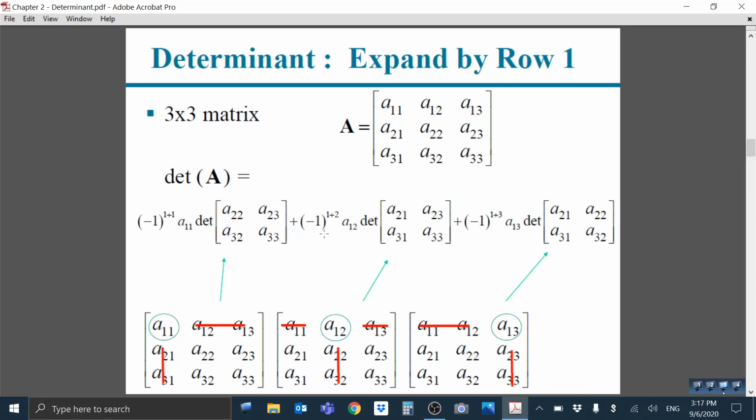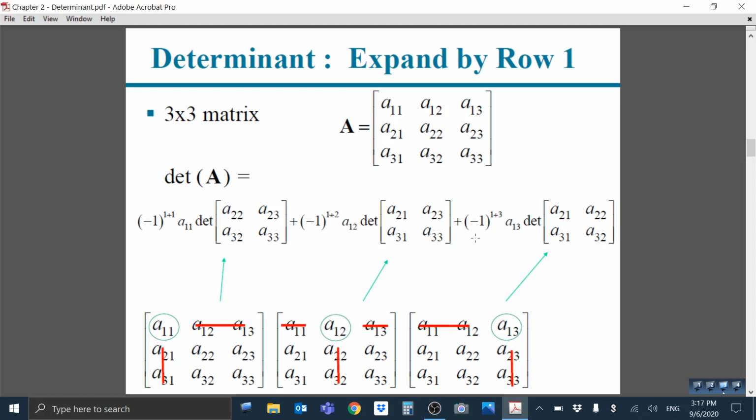So again, it's negative 1 to the power 1 plus 2 times A12 times the determinant of a smaller matrix. And then the last part is again negative 1 to the power of the summation of coordinates, which is 1 and 3, times A13, and then times the determinant of a smaller matrix that I get by eliminating row 1 and column 3.